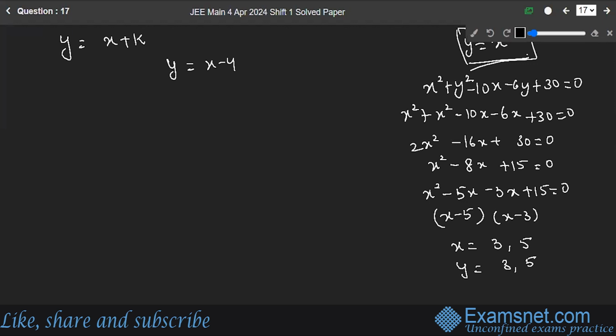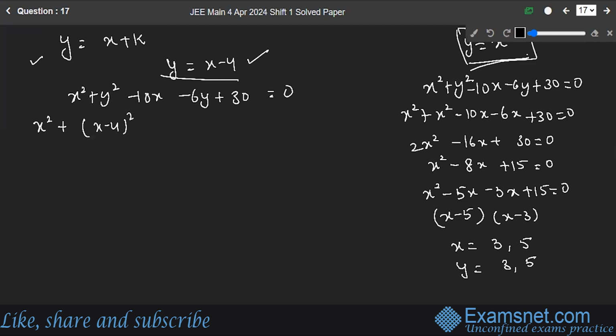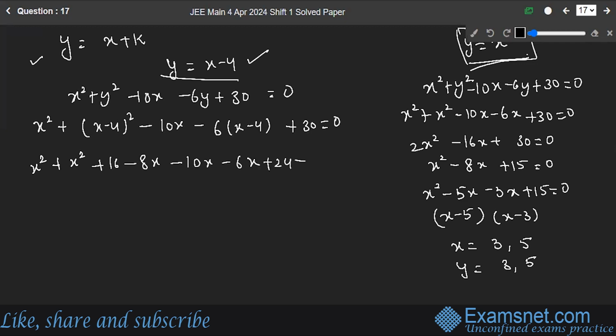Now let's consider the second case. When you have y is equal to x minus 4, and this was your equation of the circle, x square plus y square minus 10x minus 6y plus 30 is equal to 0. Here you are having y is equal to x minus 4. So x square plus (x minus 4) squared minus 10x minus 6(x minus 4) plus 30 is equal to 0. x squared, 16, 8x, 10x, 6x, 24, plus 30 is equal to 0.